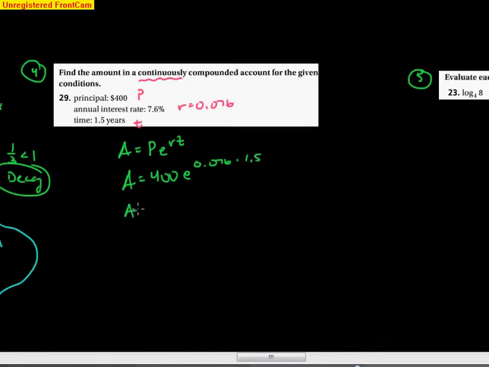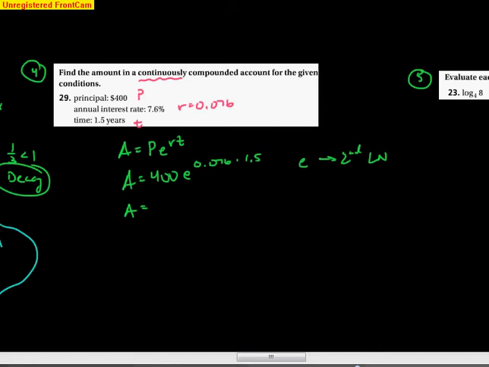And we just simply plug in our calculator. 400. Remember that e, to get e, remember e is second ln. So second ln will give you the e. So 400, second ln for the e, 400 e to the 0.076 times 1.5.